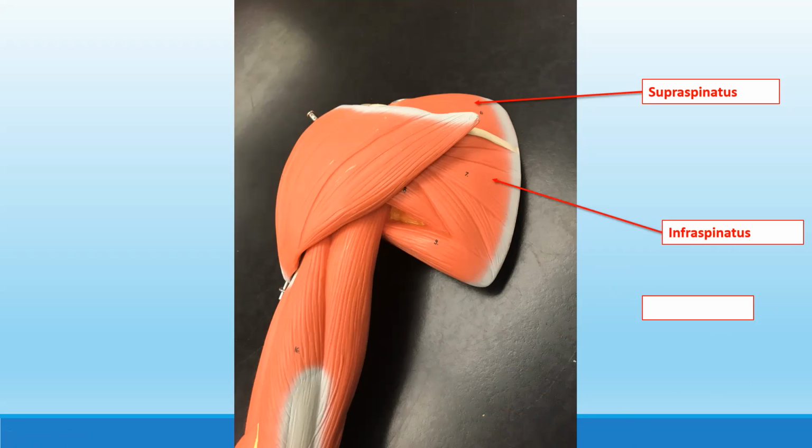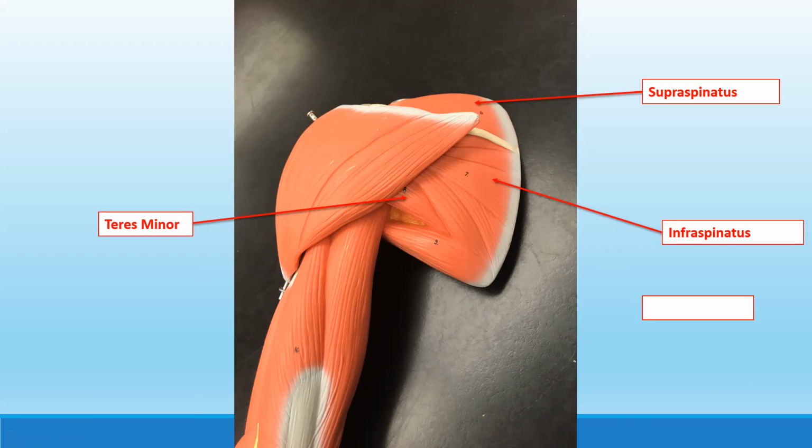The infraspinous fossa is the home of the infraspinatus muscle. And directly underneath the infraspinatus is the third of the four rotator cuff muscles, the teres minor. This is the minor to the teres major. It also is found on the infraspinous fossa.